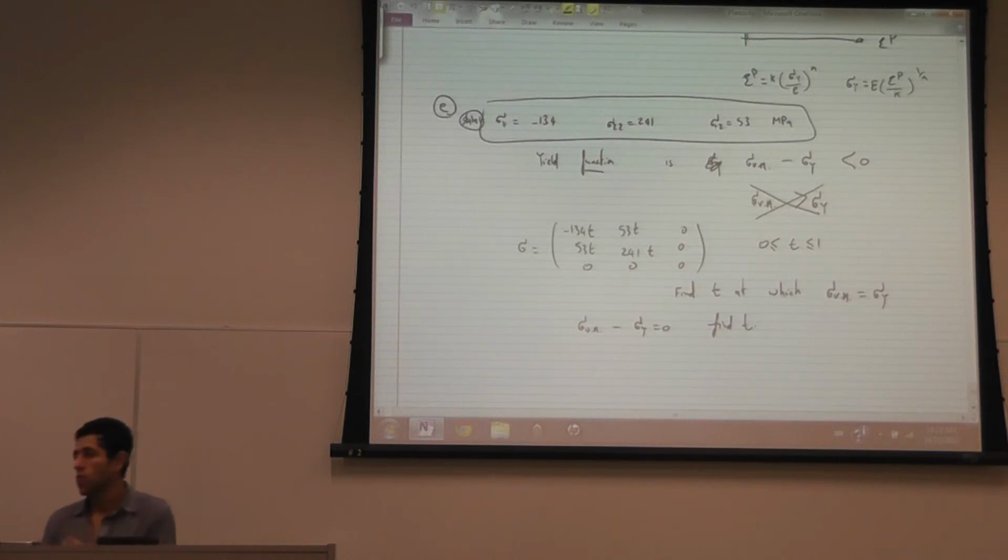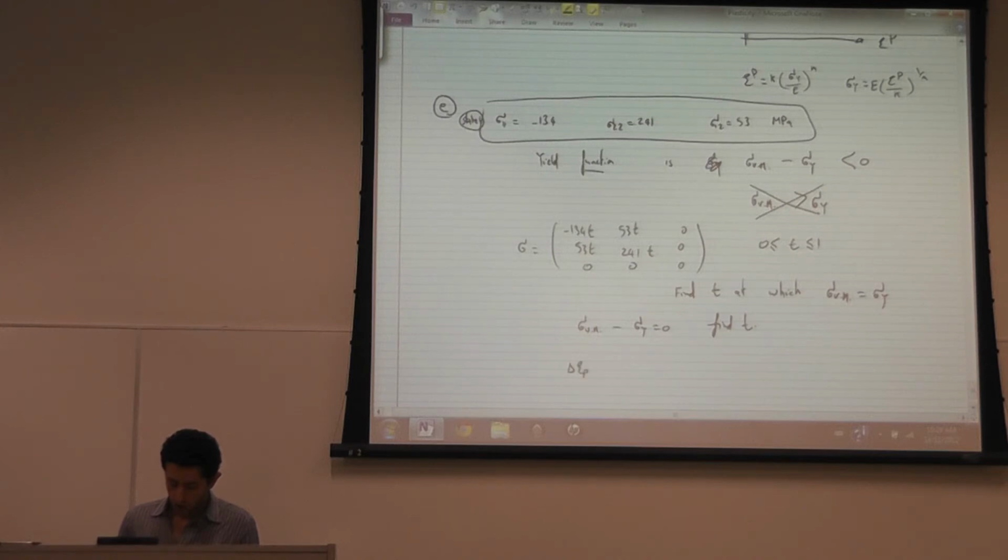Then I need to find the change in the plastic strain parameter. So I need to use the consistency condition, which states that an increase in the plastic strain parameter has to do with this.